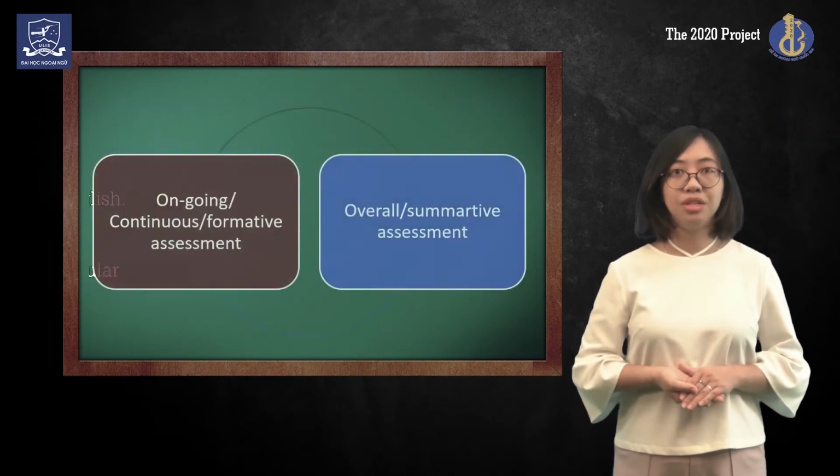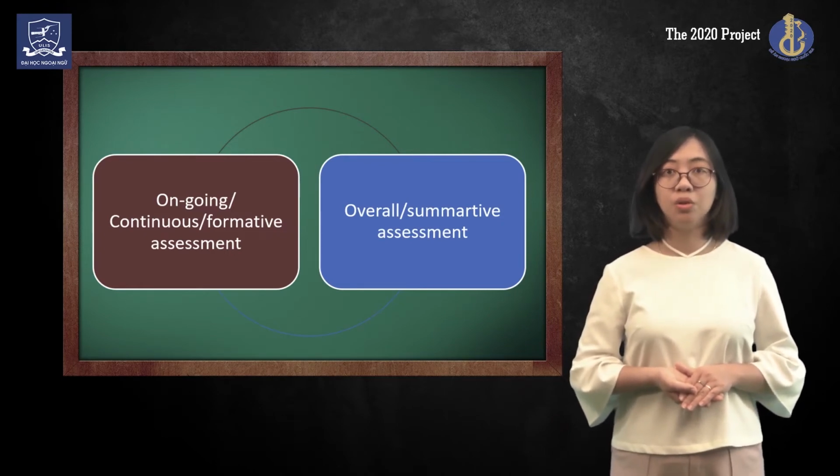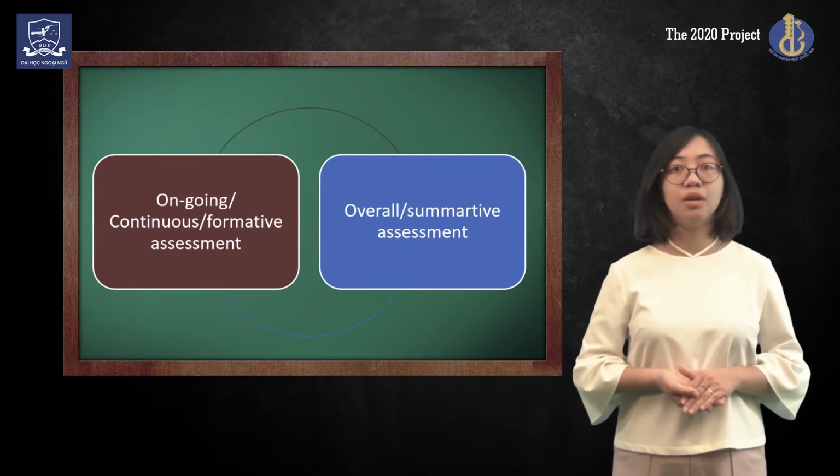Assessment can be done for different purposes, such as to identify students' progress or to check on their achievement. They are called ongoing or continuous assessment and overall assessment respectively. If assessment is done to monitor student progress, then we may need to collect information in the forms of comments or samples of students' work.